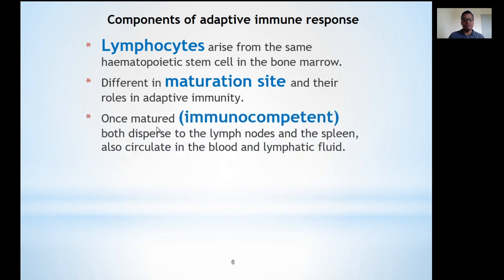Once matured, we recognize them as immunocompetent. That means the cells are now able to produce an immune response. Immunocompetent means the immune cells have become mature from young cells and are able to respond to infection.